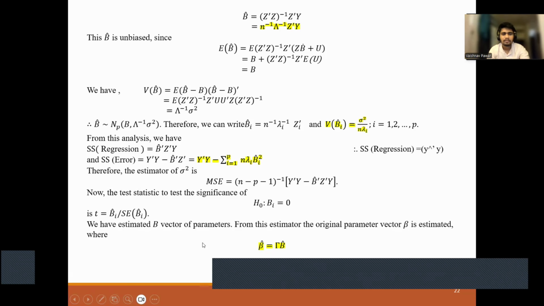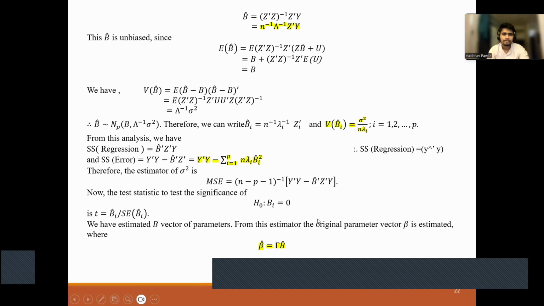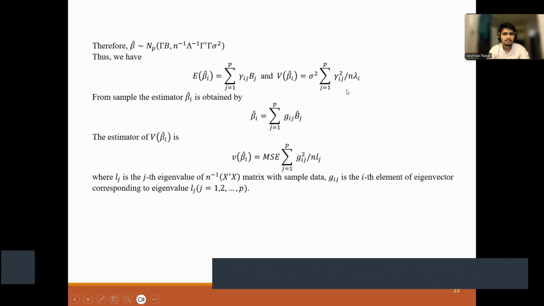We have estimated the p-vector of parameters, and from the estimator of the original parameter, beta is estimated, where beta cap equals gamma b cap. This gives the expectation of beta i cap and the variance of beta i cap.